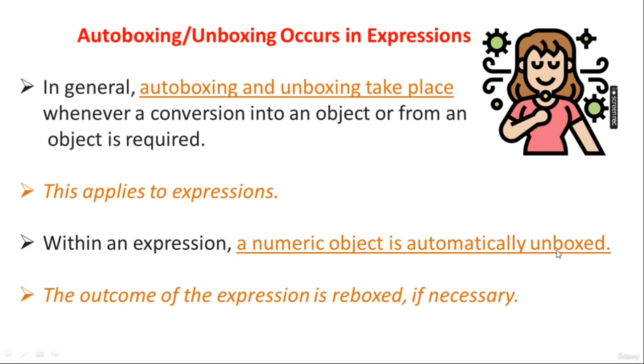For that, you cannot operate on an object. To add 101, you cannot pass it as an object and then operate upon it. Firstly, you have to convert it into the primitive type. So conversion to primitive type, then addition, and then again converting to wrapper class. This process is automatically done by Java. The output of the expression is reboxed if necessary.